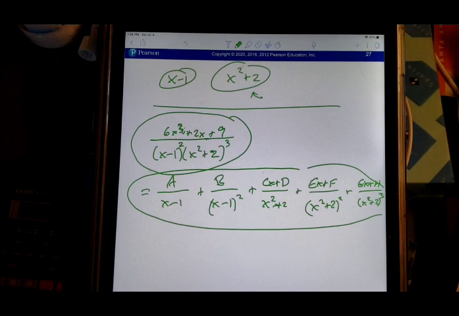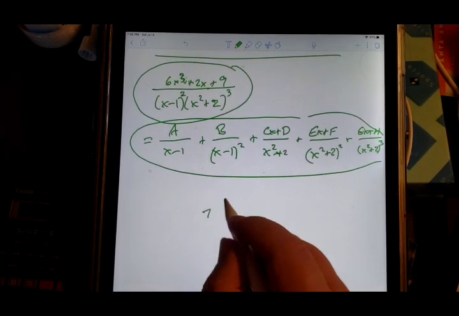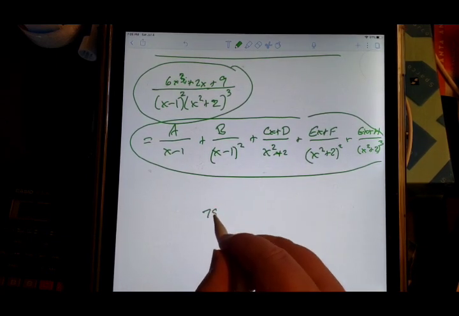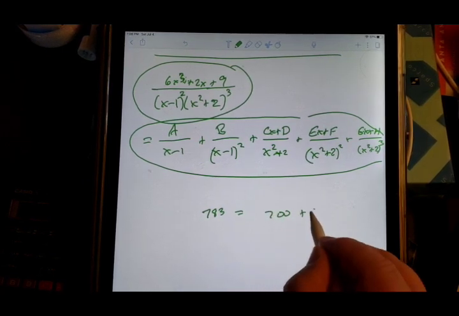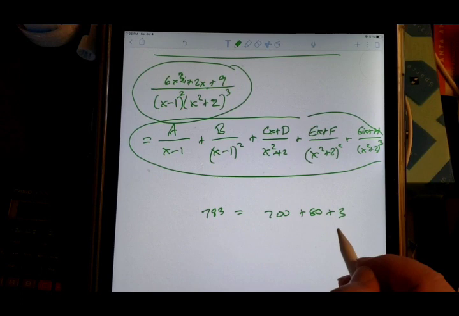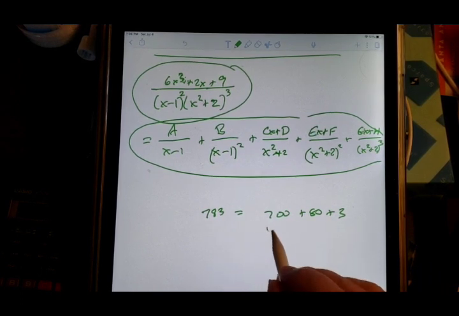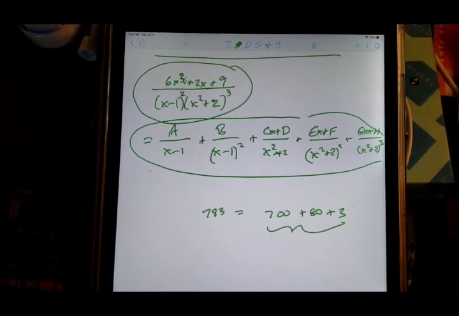Now, I've used this example once before. When you see, as a child, 783, that's the answer to the question 700 plus 80 plus 3. This is what decomposition is.